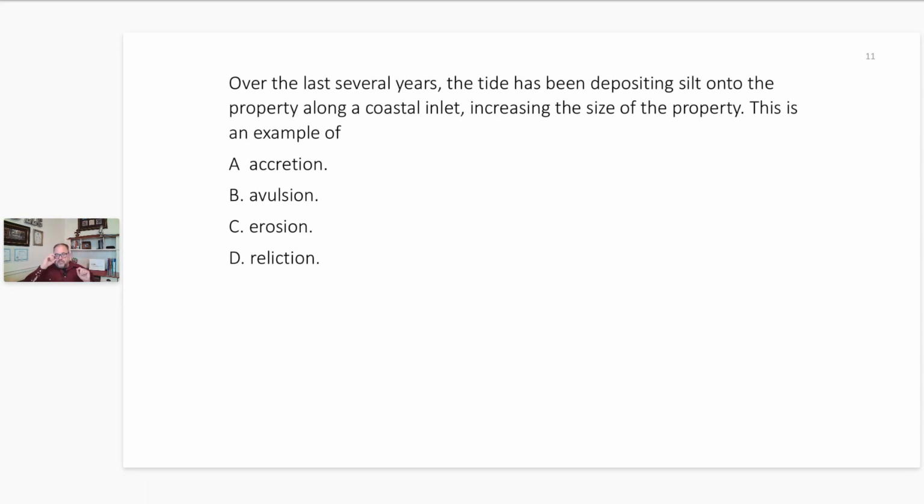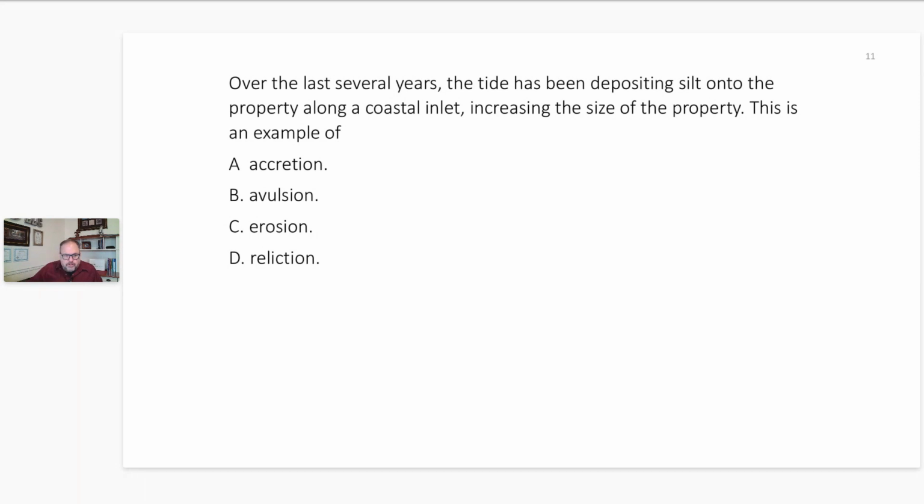Okay. Be careful. Listen to me carefully. Typically, they'll have them separated when it comes to answers. You won't see alluvion and accretion together, but you never know. These test writers can get real tricky sometimes. So you want to analyze a test question. The depositing of silt.